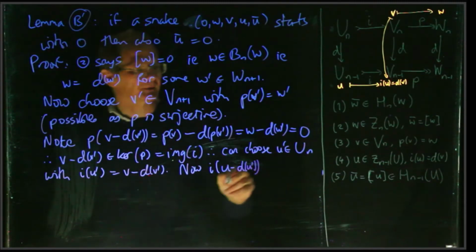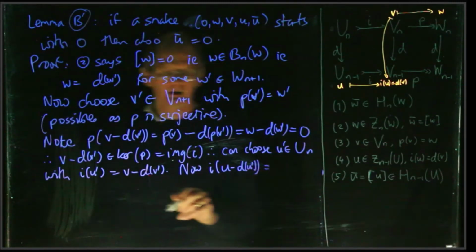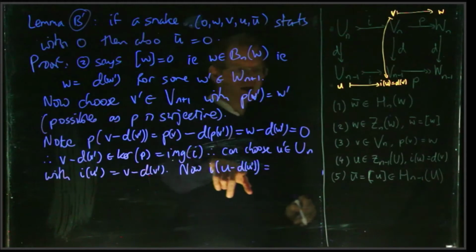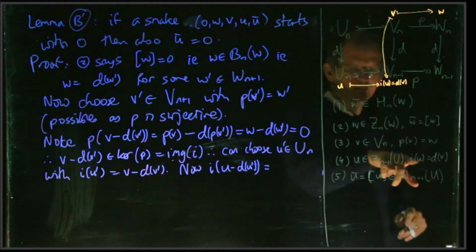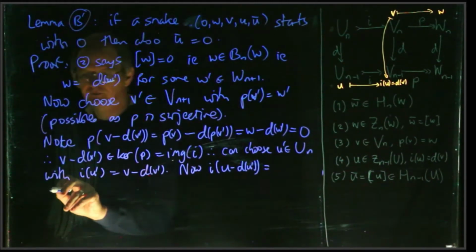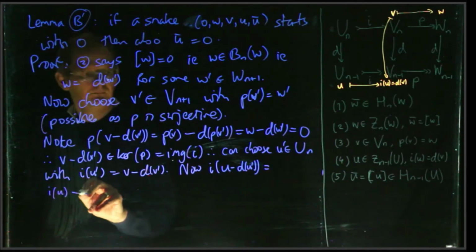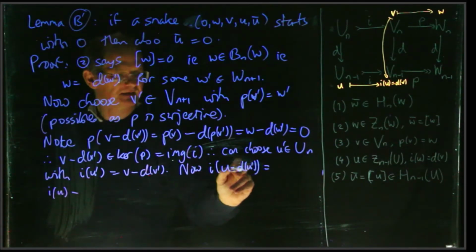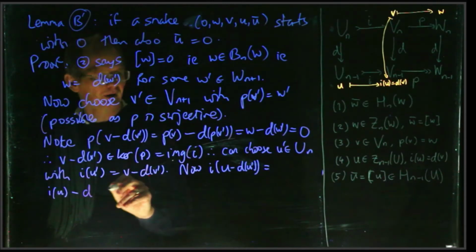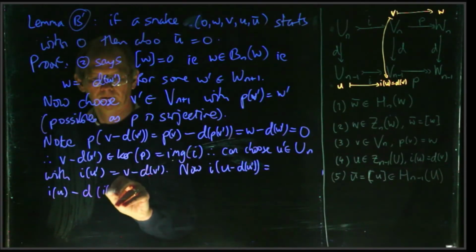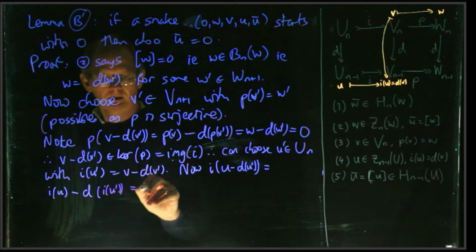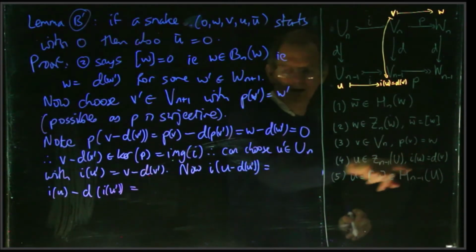We'll apply I to it. So that's I of u minus I du prime, which is the same as d of I of u prime. Now, I of u, by what we've got here, is dv.